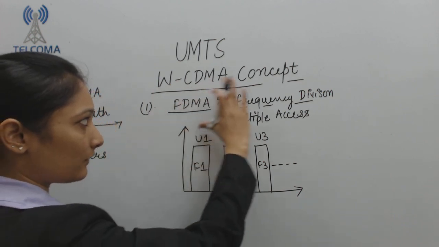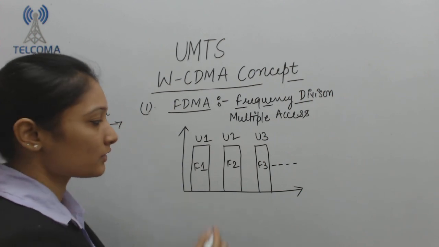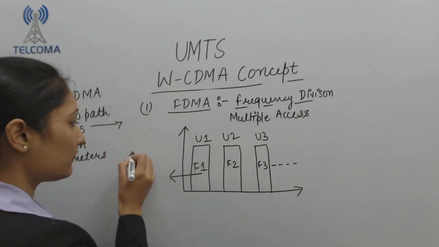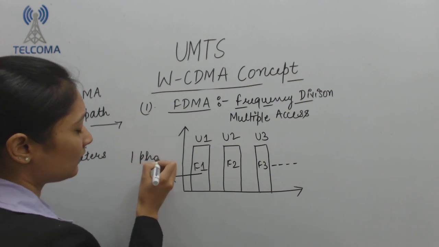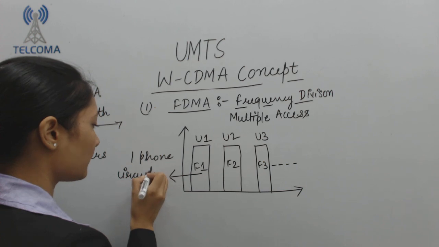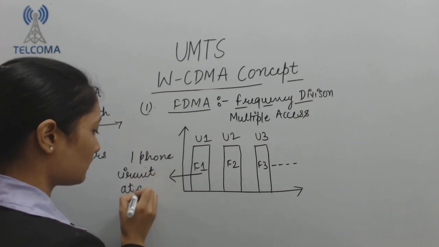So that means in frequency division multiple access, one frequency can carry only one phone circuit at a time.